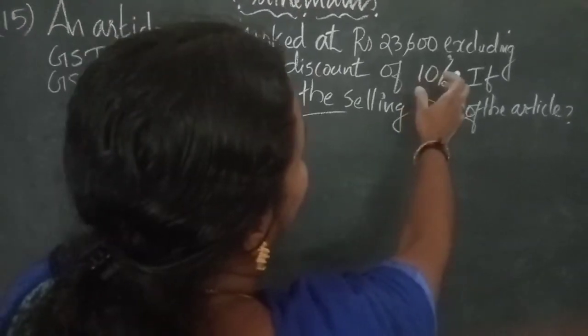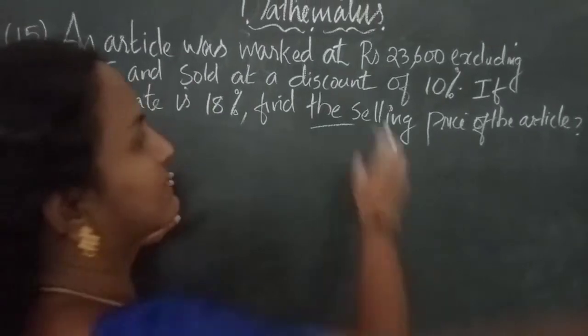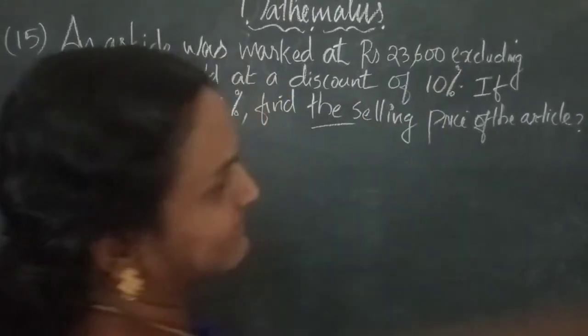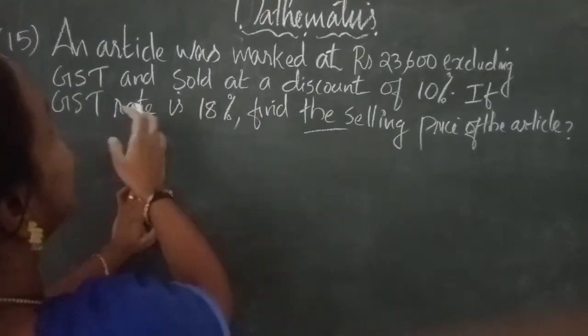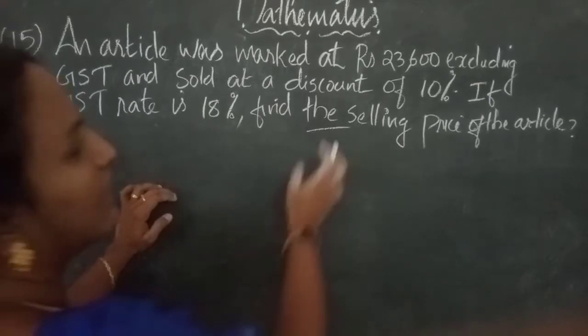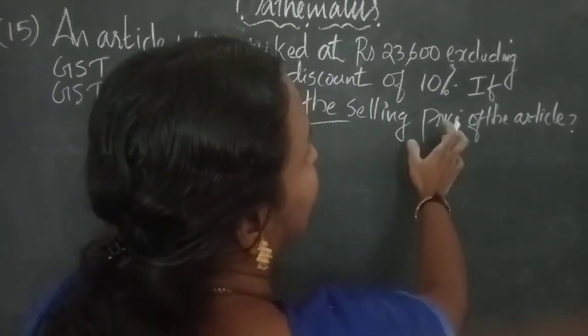Then discount is 10% of your mark price. If GST rate is 18%, you have to find the selling price of the article.